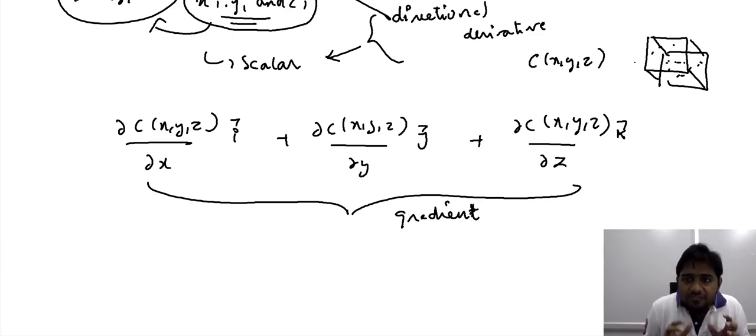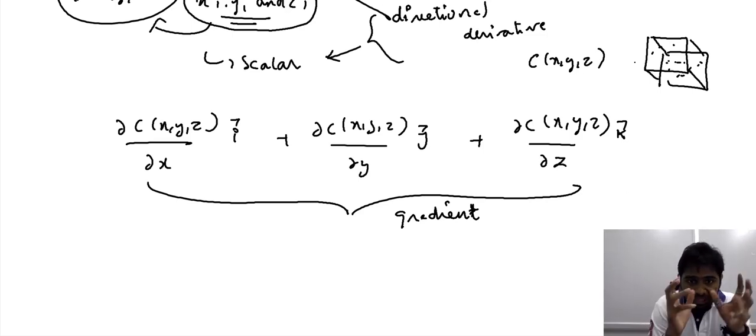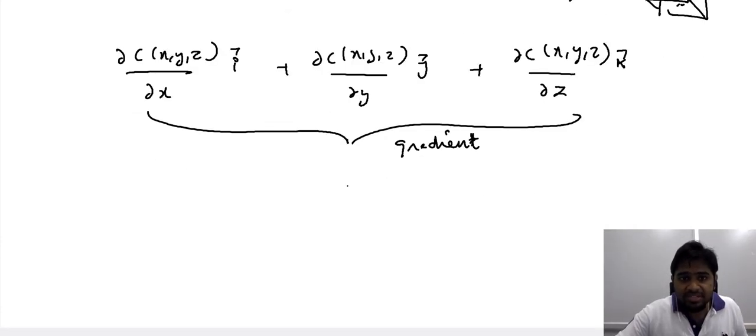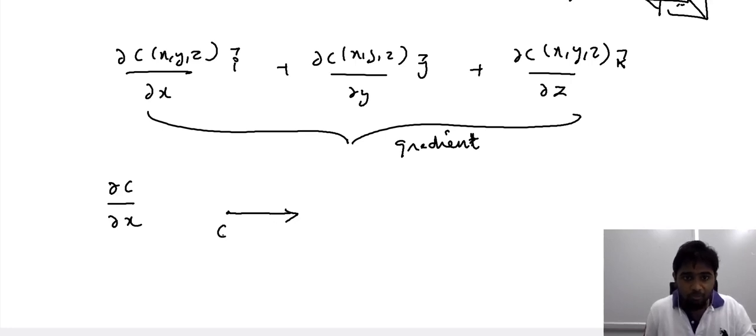Now, without considering the vector aspect, when you just focus on the magnitude of the individual terms of the gradient, the partial derivative of c with respect to x essentially considers the concentration along the x direction. So you have your point x0 and your point x1.